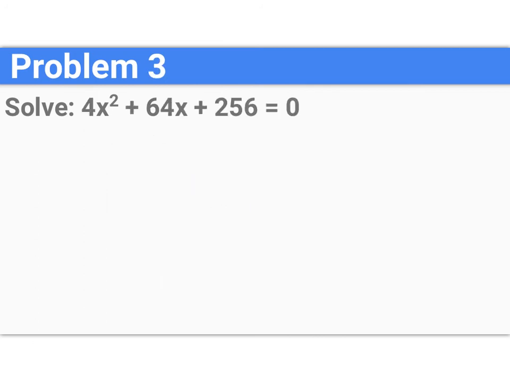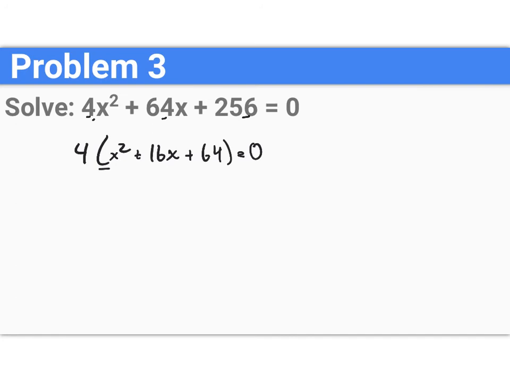Okay, let's try this one. So we can see 4, 4, and 256. So let's factor out a 4. 64 divided by 4 is 16. 256 divided by 4 is 64.